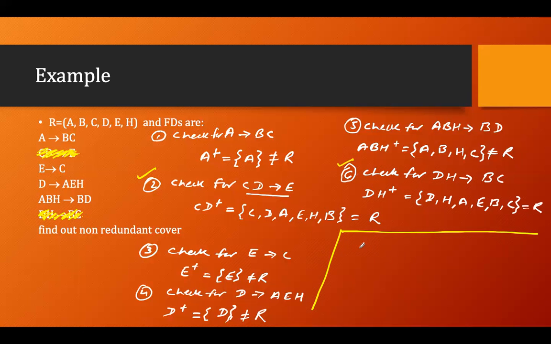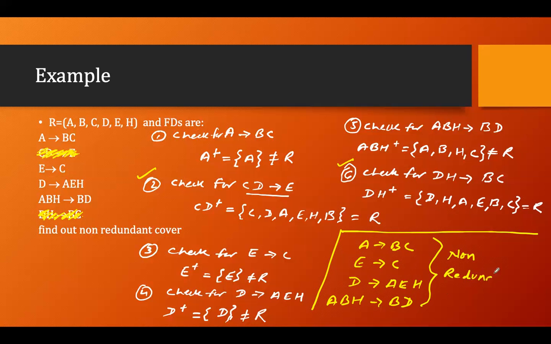We'll write down here. A determines B, C. E determines C. D determines A, E, H. A, B, H determines B, D. So these are the non-redundant cover, and this is my answer.